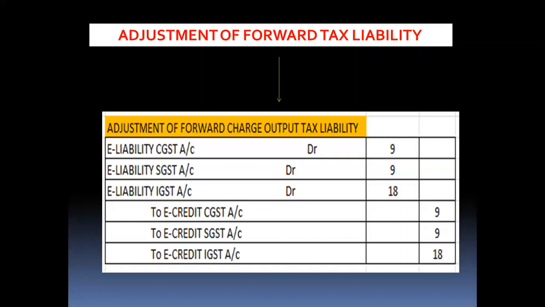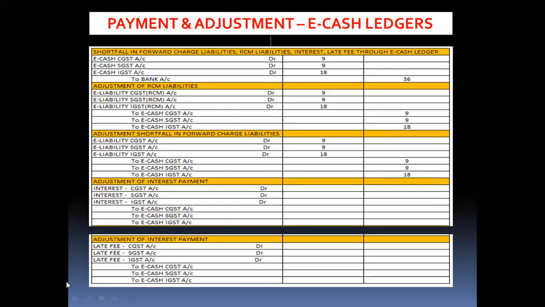It is very important to note that RCM liability can only be made through e-cash ledger. The balance in e-cash ledger is first used by the portal for set-off of RCM liability and the balance for set-off of other liabilities.